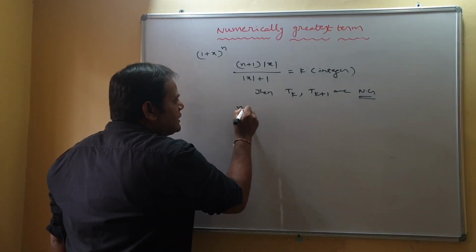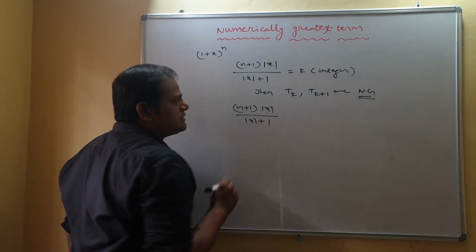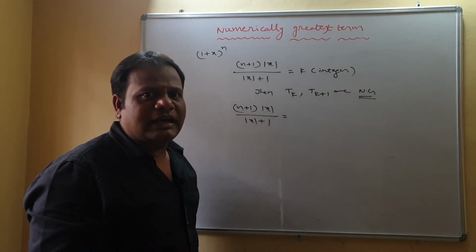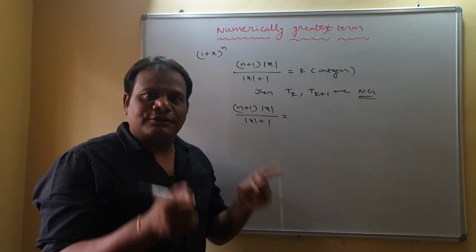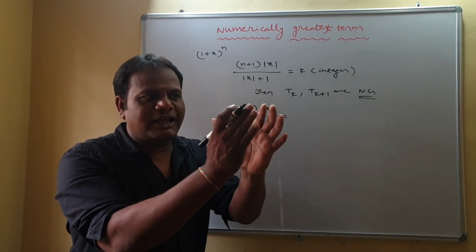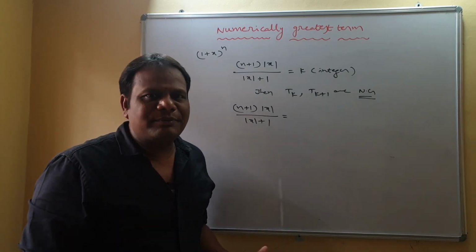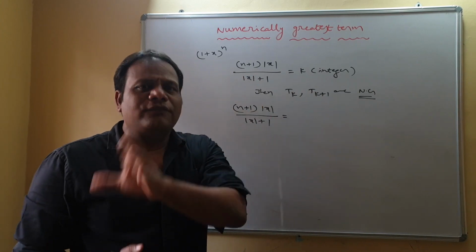Suppose (n plus 1) into mod x by (mod x plus 1) is not an integer. Not an integer means, suppose it is 2.5. So can I write it as 2 plus 0.5? Can I write that as integral part plus fractional part? Yes, if it is not an integer we can write that as some integral part plus fractional part.